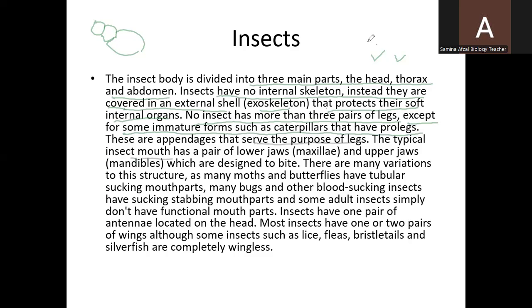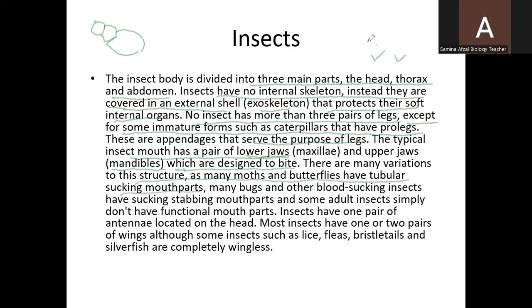The typical insect mouth has a pair of lower jaws, the maxillae, and an upper jaw, the mandibles. Both are mouth parts and jaws of the insects, which are designed to bite. There are many variations in their structure, as many moths and butterflies have tubular sucking mouth parts.